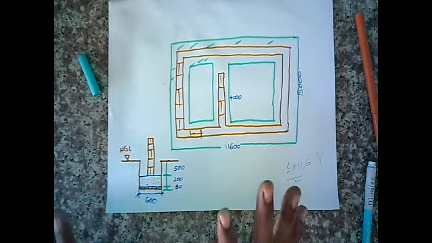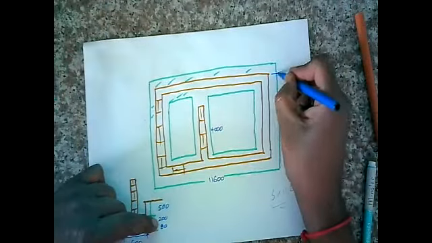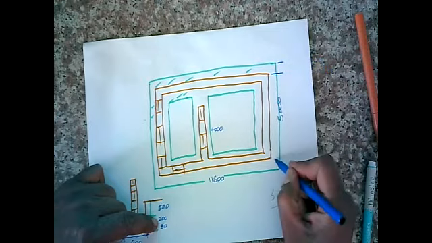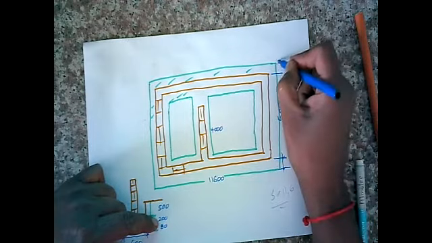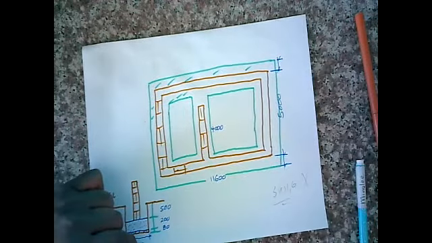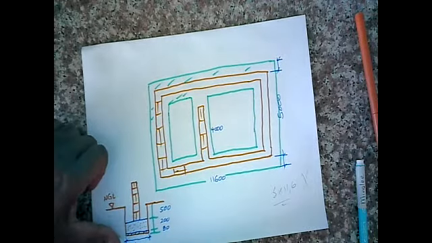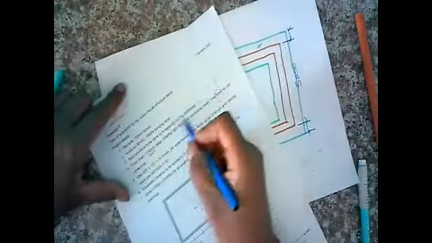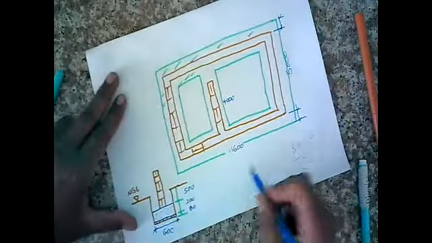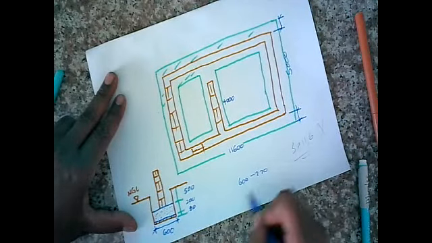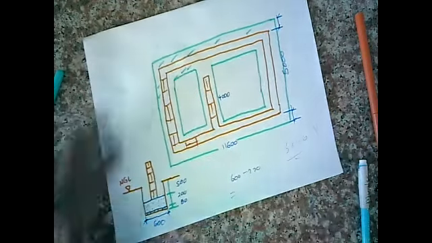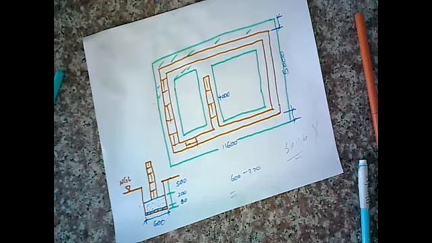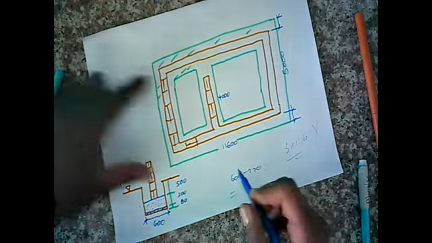Now, here's the problem. How much more is this? Okay, how much more is this? Now, the good thing we know is 600. And the brickwork is specified as what? Can you see 220? So let's do some simple math. 600 millimeters subtract 220 gives me what? Work it out. Gives me 380.